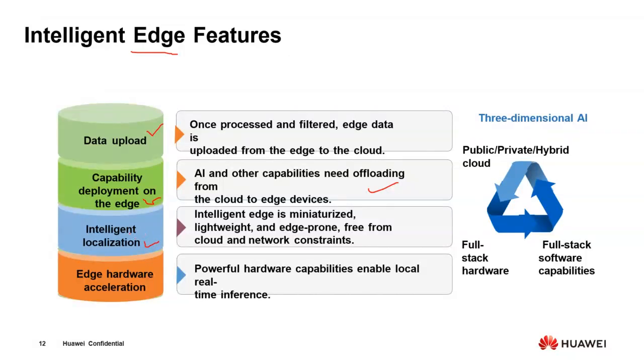And edge hardware acceleration is another capability of the edge device or intelligent edge device. So these are the features that we can have from edge. So it's actually three-dimensional. You can do public, private, and hybrid cloud on it, and then it has full stack hardware and full stack software capabilities. So this is why it's called three-dimensional AI.